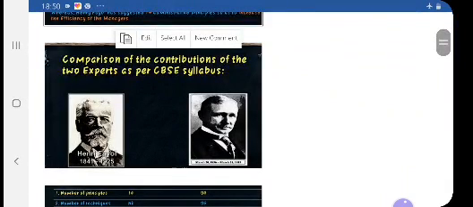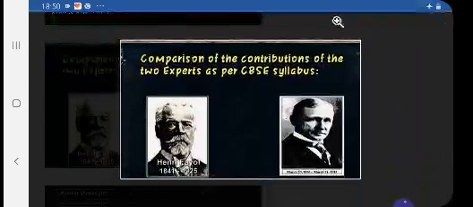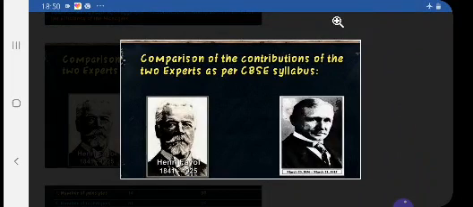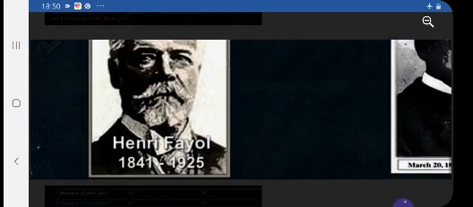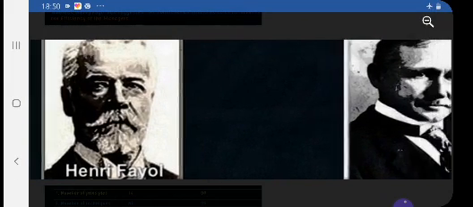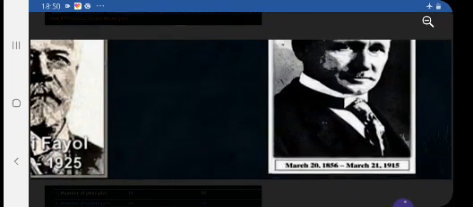You must know who the famous experts are. This picture I am showing you is Henry Fayol. His lifespan ranges from 1841 to 1925, and the second one, that is F.W. Taylor, ranges from 1856 to 1915.